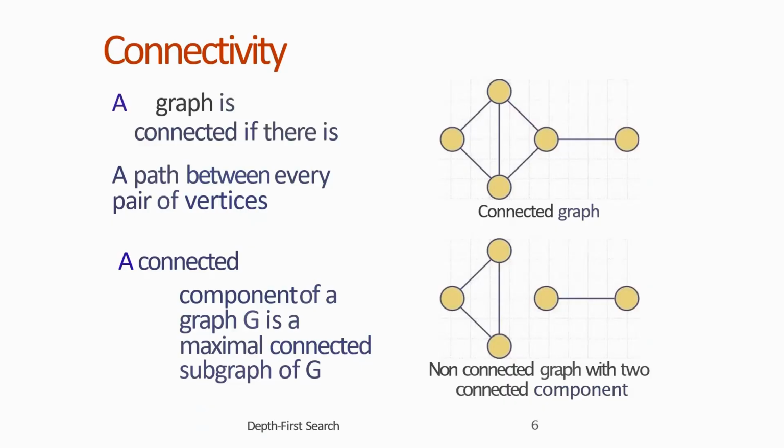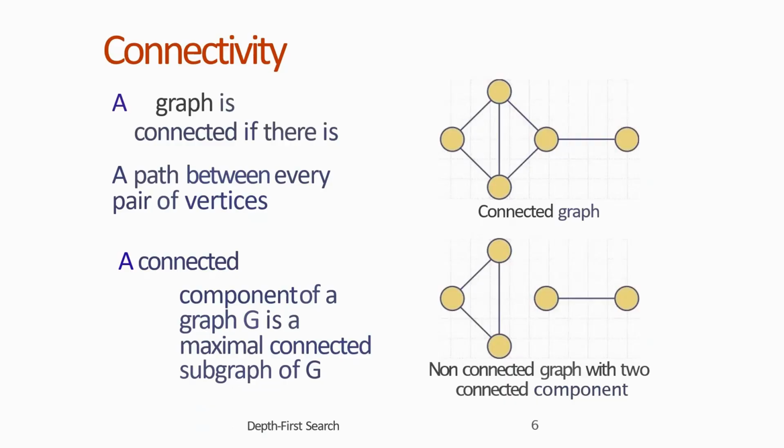A disconnected graph is one where it is possible to partition its vertices into two non-empty sets such that no edge connects a vertex in one set to a vertex in the other. A disconnected graph consists of multiple connected components, each a maximal connected subgraph, right?